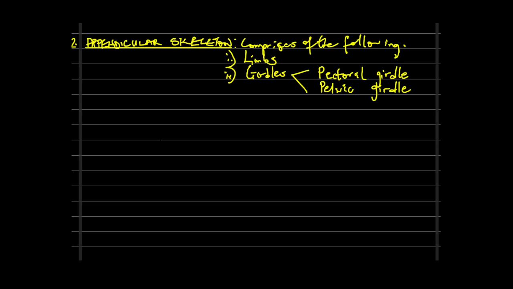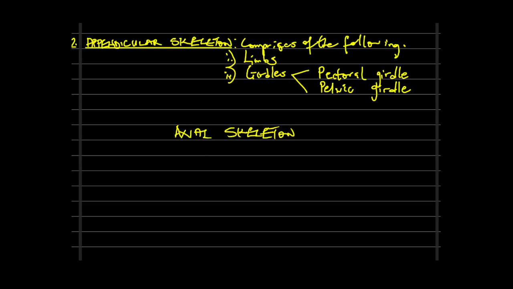So now let us start with explaining the axial skeleton proper. Like we have listed earlier on, the axial skeleton includes the skull, the vertebral column, the ribs, and the sternum that articulate to form the rib cage.